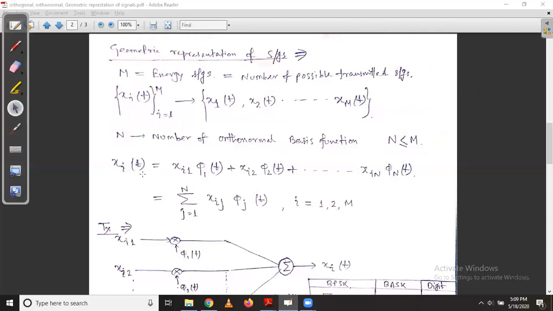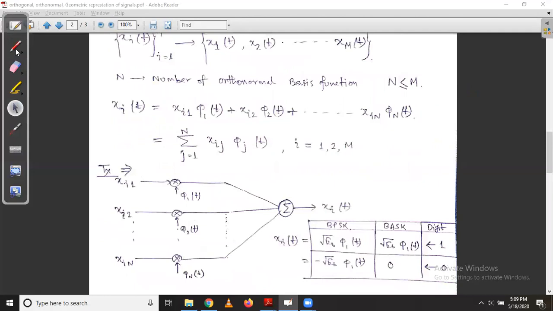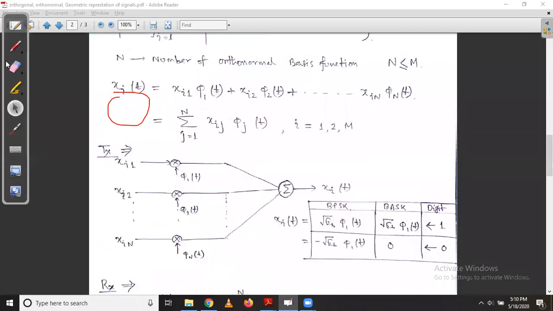Now, what about this x_i(t)? We are performing a modulation process and we want to transmit the modulated signal. Modulation means we must have some message signal and some carrier signal. In digital modulation techniques, we have seen that the carrier signal is nothing but some basis function.